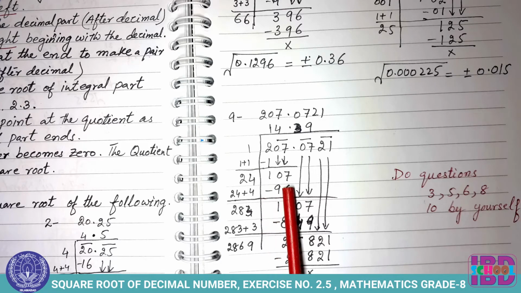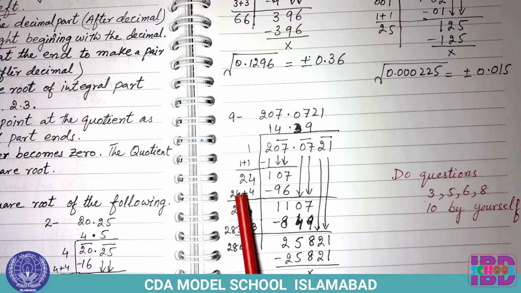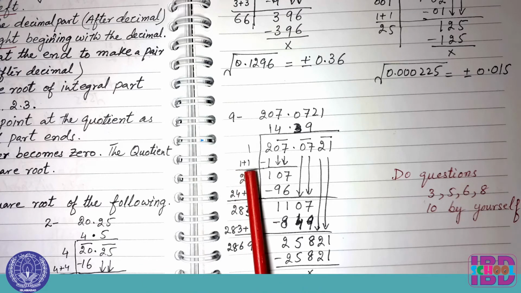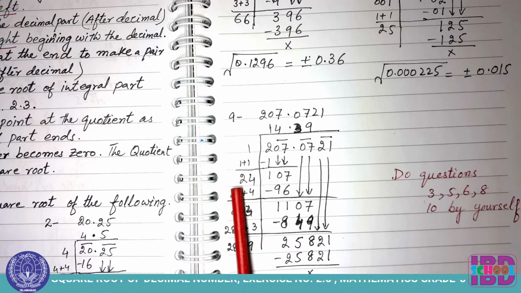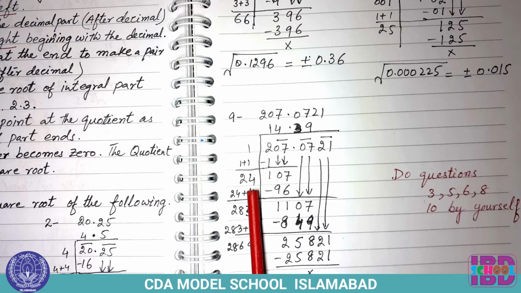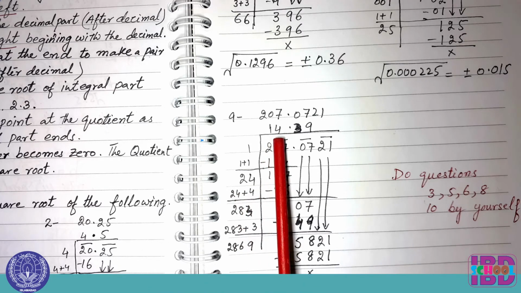Here the dividend becomes 107. We have to add the digit at the quotient, that is 1, to the digit at the divisor, that is 1. 1 plus 1 makes 2. Now we have to find the next digit with 2. Let me take 4 here. Now the divisor becomes 24, and the product of 24 into 4 is 96.